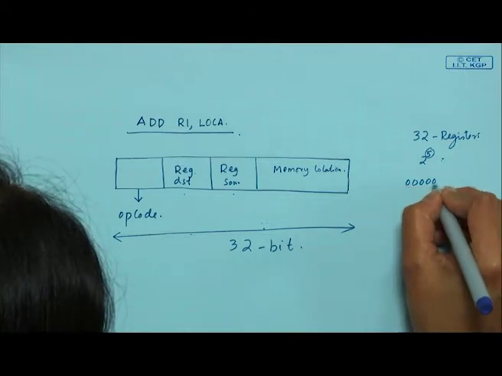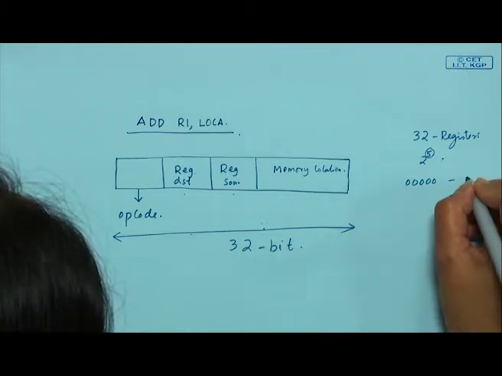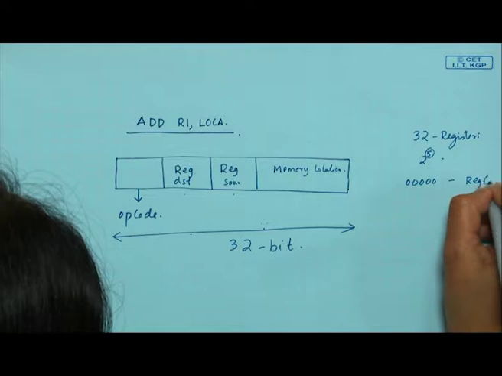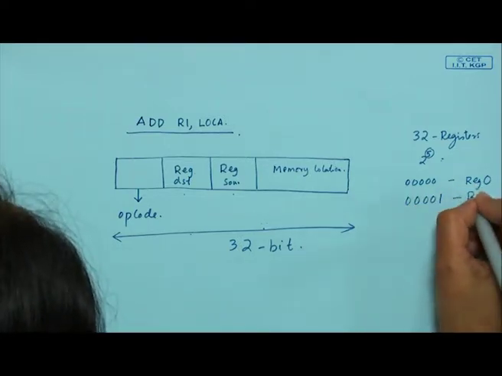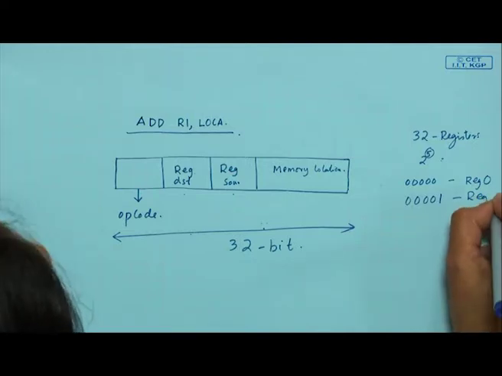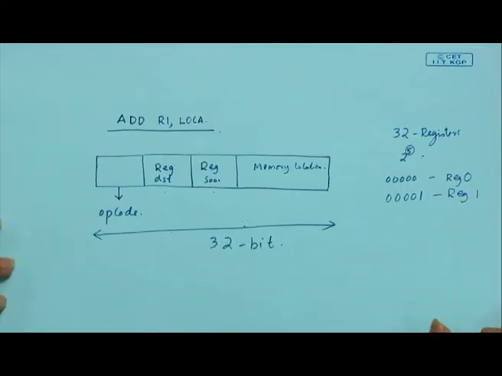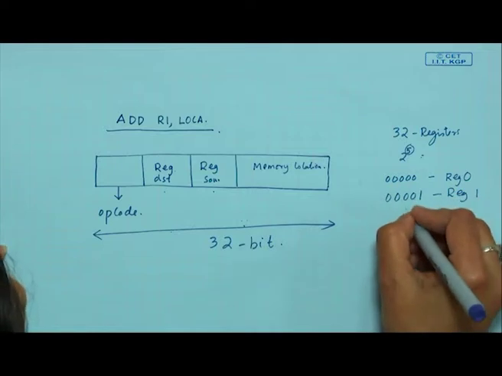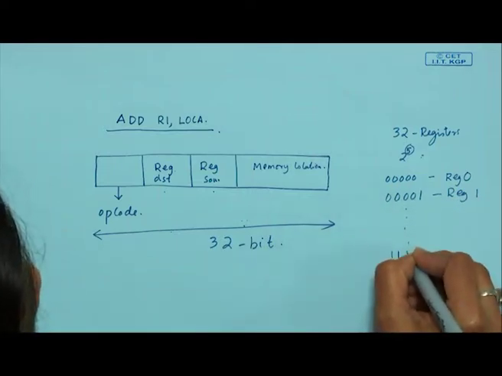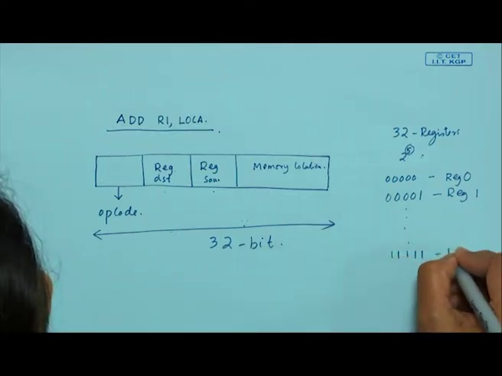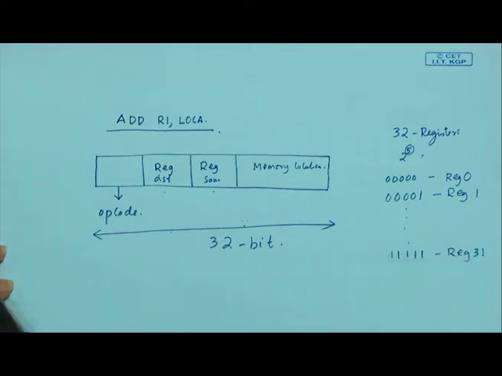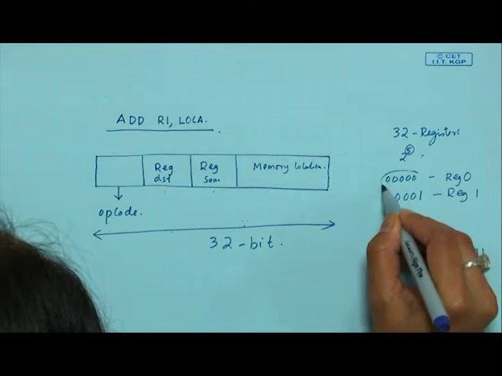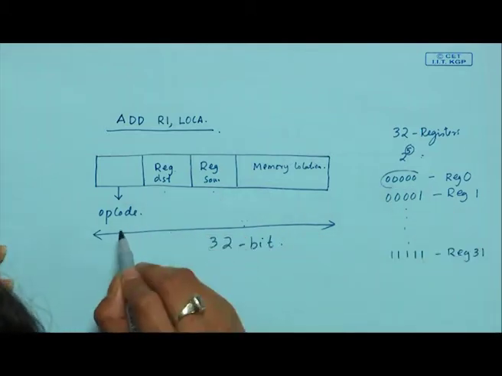So, 00000 will be register 0, 00001 will be register 1, and so on, and the last register will be register 31. So, 5 bits will be required to specify one of the registers.